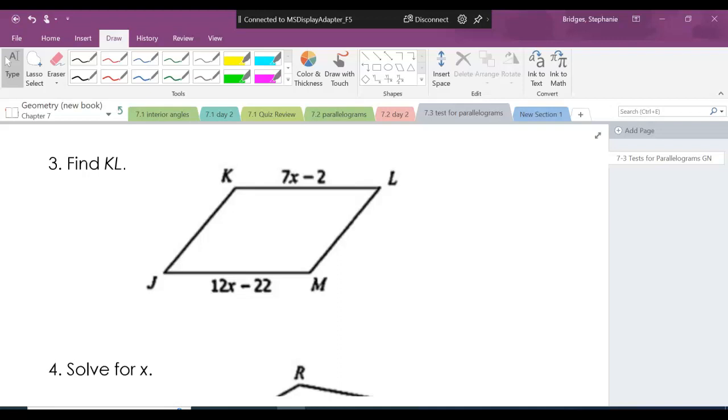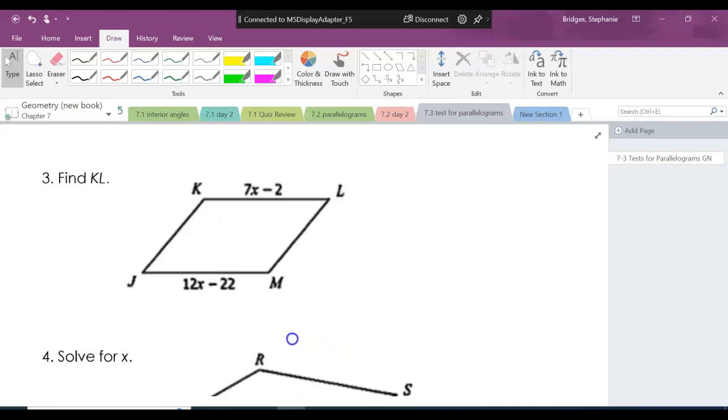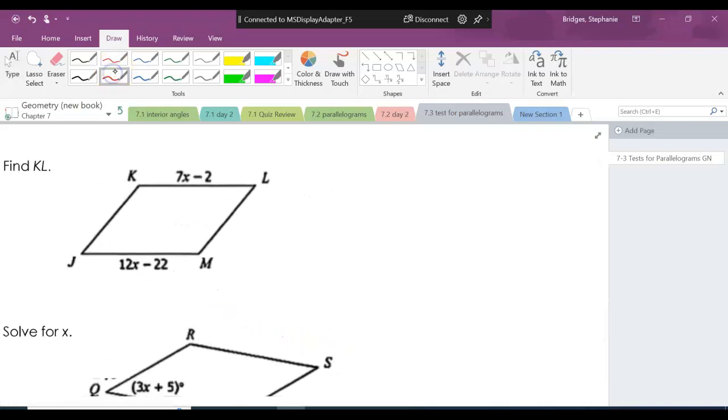I have KL labeled and I have JM labeled. Are those opposite sides? Yes. Which means they are congruent to each other. So to solve for X, I'm going to set up an equation and set those equal.